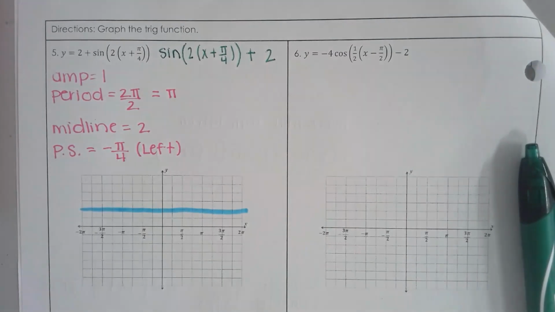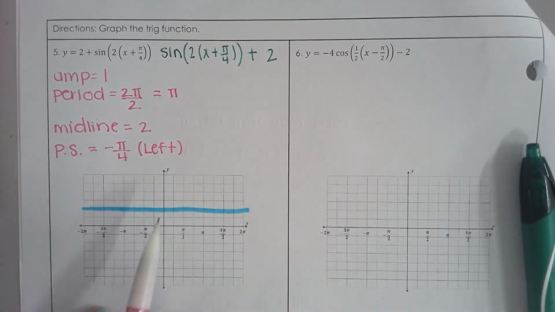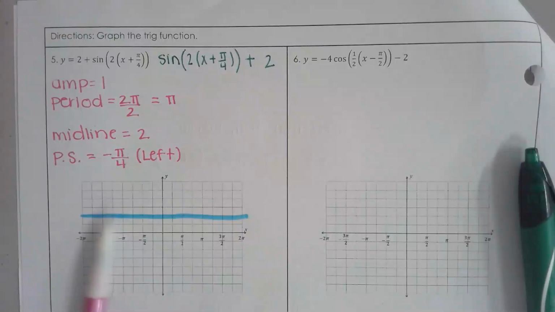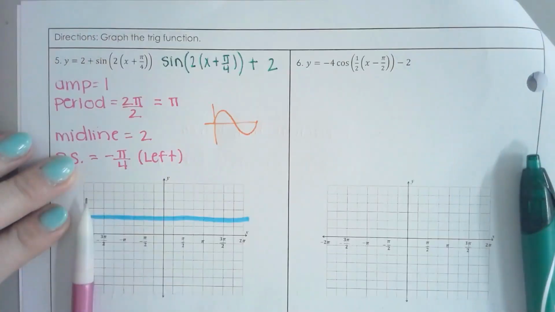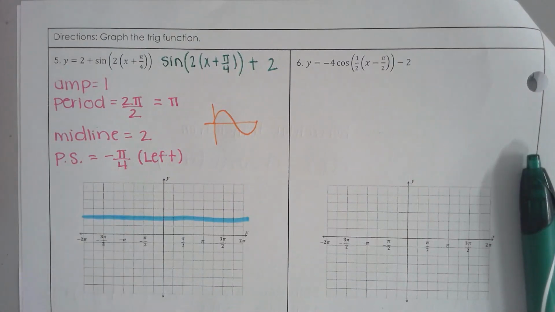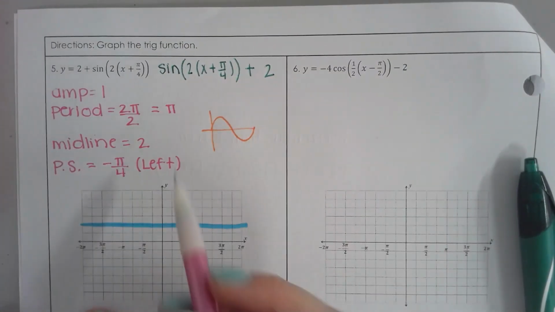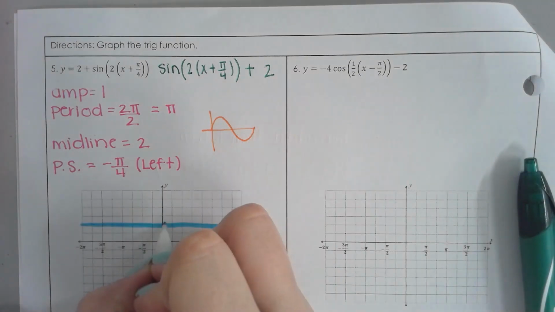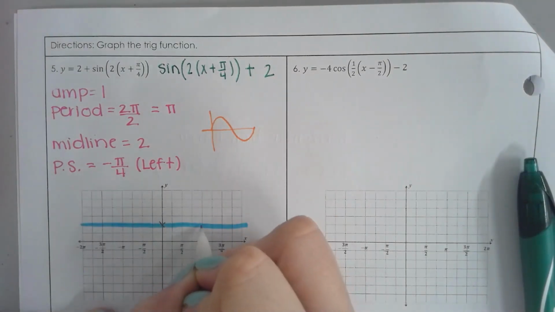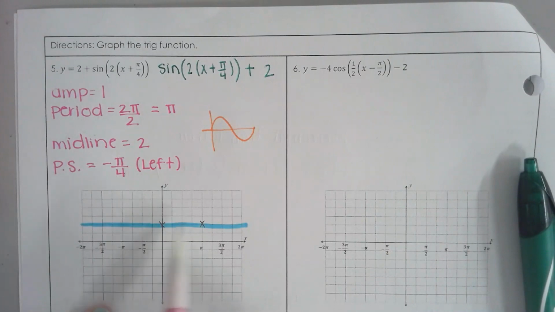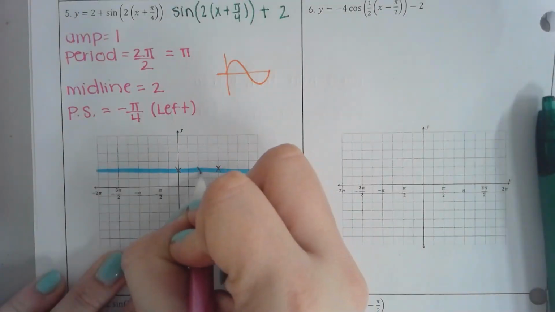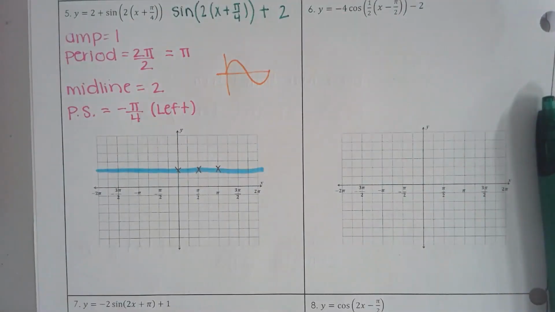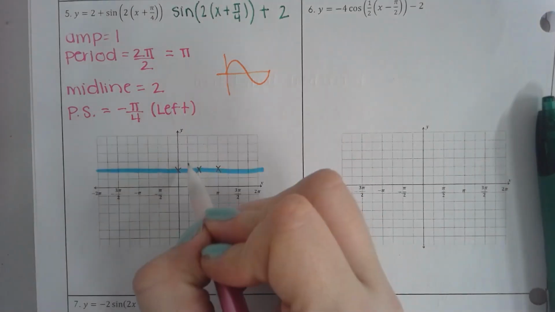So I'm going to use my pencil. The period, and this one is sine. So we're going to start here. My one period or my cycle ends at pi. Halfway between that is also on the midline. And then halfway is up 1.